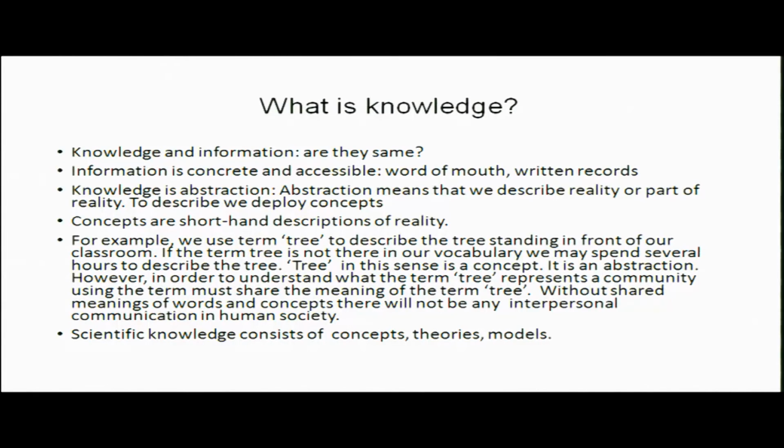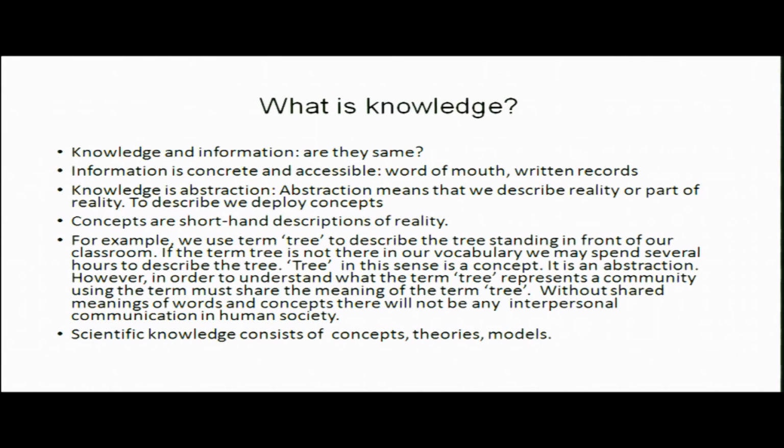Before we move on to looking at the scientific method, we look at what we mean by concepts, what we mean by theories and so on. So, basically the question that is related to science is the question of knowledge. What is knowledge? Knowledge and information, are they the same or different?